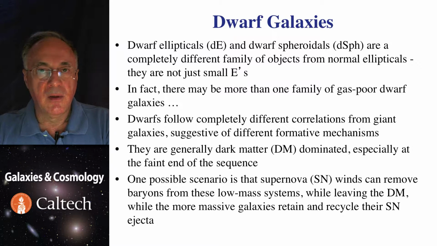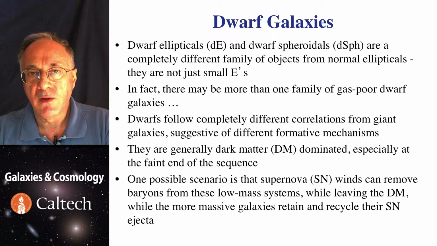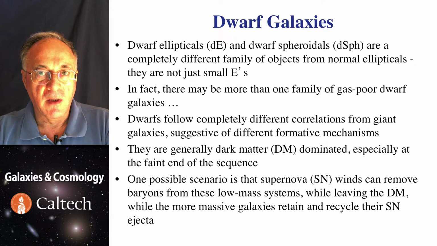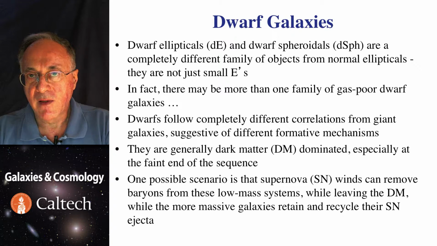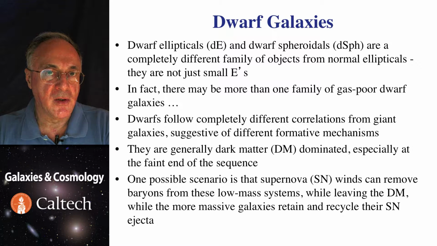As it turns out, dwarf galaxies, dwarf spheroidals in particular, are totally dark matter dominated. They have higher mass-to-light ratios than any other galaxies, and we think we understand why this is. Again, remembering the scenario where supernova explosions can expel gas from galaxies, they can do so in shallow potential wells, thus removing baryons.